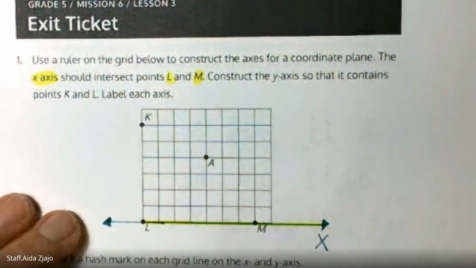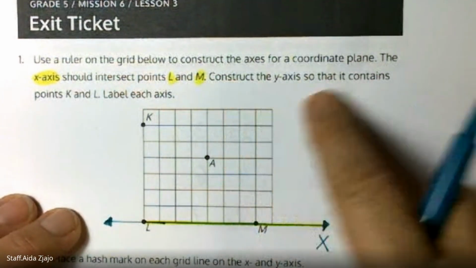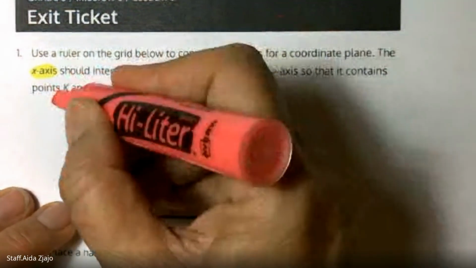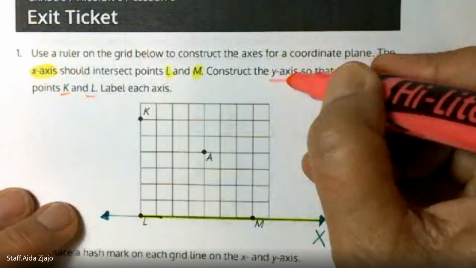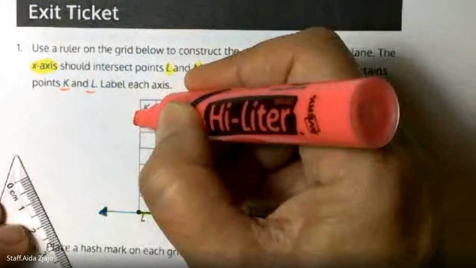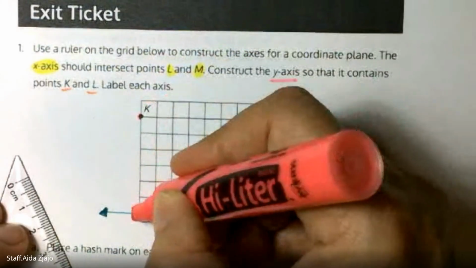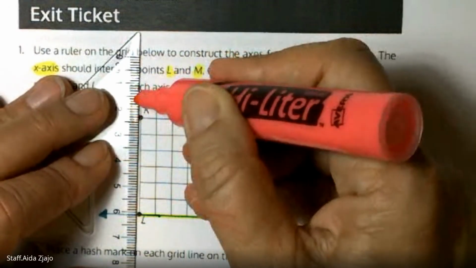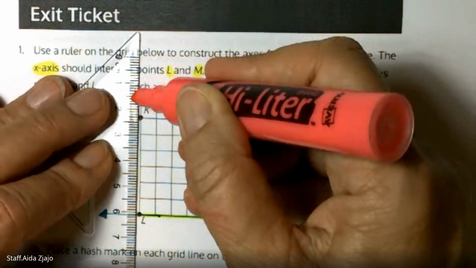Next, construct the y-axis that contains points K and L. So the y-axis contains K and L, and L will be their intersection point, perpendicular.